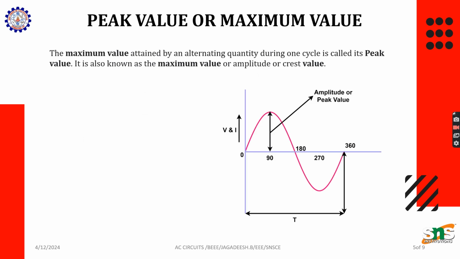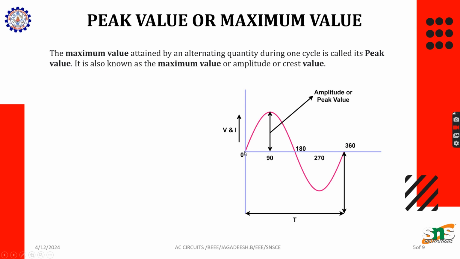Another important factor is the peak value or maximum value in the AC waveform. The maximum value attained by the alternating quantity, that means the AC supply, during one cycle is called the peak value. In this diagram, there is a black arrow mark which is shown as the peak value.